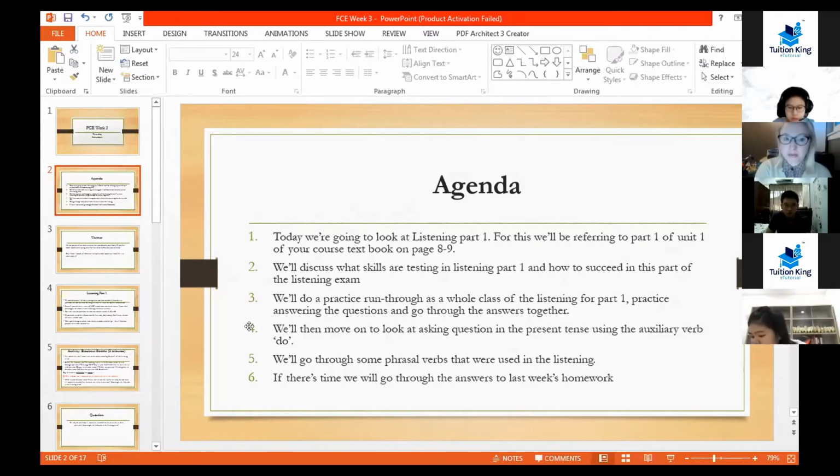And just make a note that in future, make sure you write down what the homework is so that you don't forget, because problems of technology occur all the time. On my end, on your end, on the Tuition King website's end. So it is always good practice for you to make a note of what homework there is. Then, of course, I will be leaving you with a homework task for this week as well.